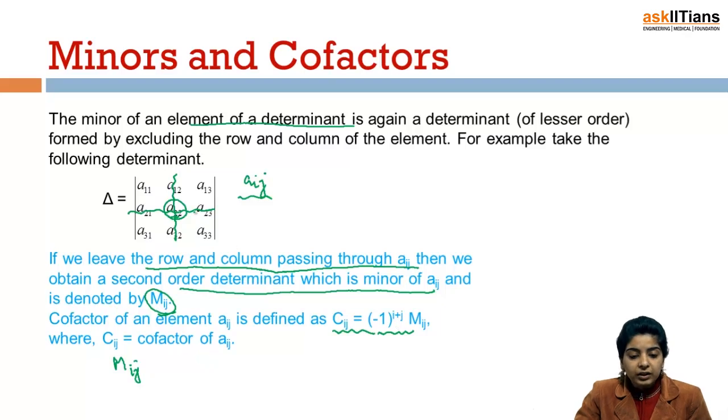So what does that mean? As we have discussed, the minor of an element Aij is obtained by excluding the ith row and the jth column, that is the row and the column in which that particular element lies. And in order to compute the cofactor, you just need to multiply that value with (-1) raised to the power i plus j, where i and j stand for row and column. Things will get clearer once we discuss the examples.